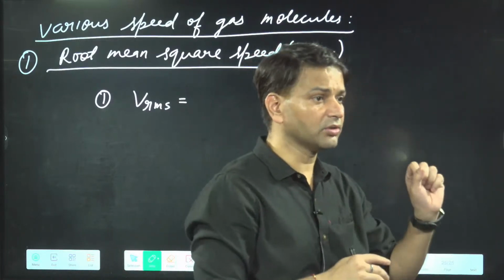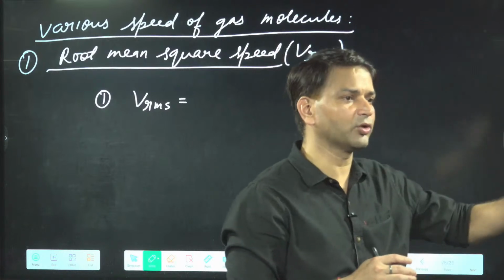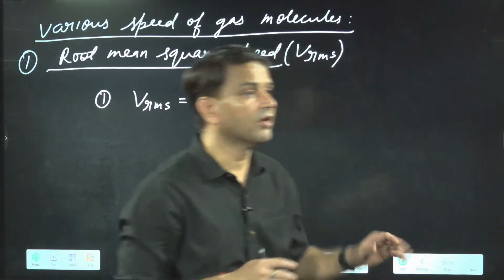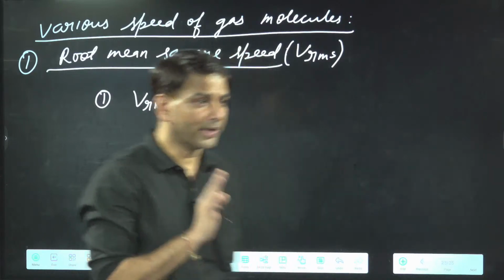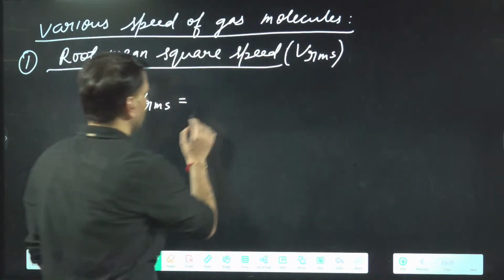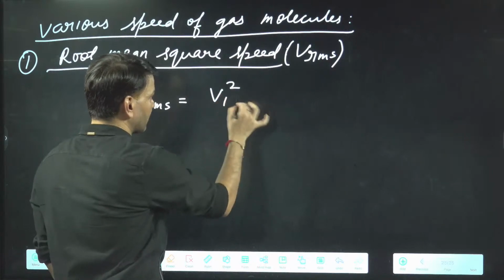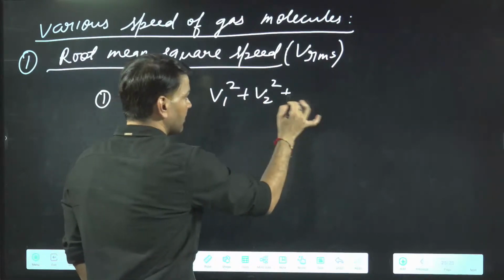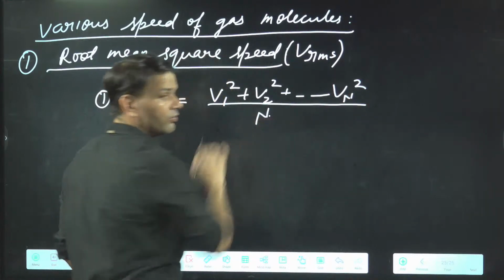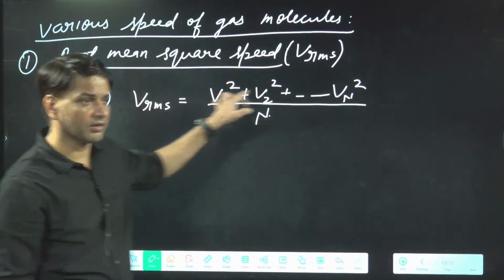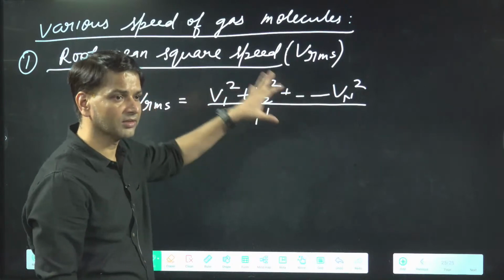Here, suppose I am giving you 4 or 5 molecules and asking for the root mean square velocity of the molecules. So the basic formula of VRMS is: V1 square plus V2 square up to Vn square, divided by N. This is the mean square.